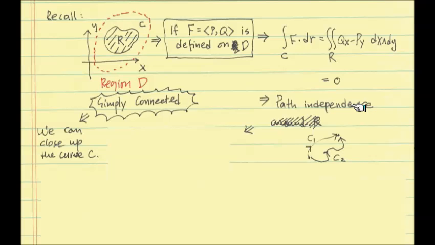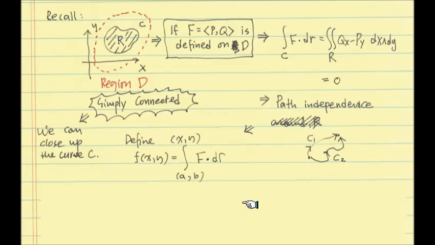Once we have this path independence, we use it to define the potential function, which is going to give the gradient vector field. You start with some point a, b, and define the scalar function value to be the value of the line integral from there to here. It doesn't matter how you get there because of the independence, and this defines a well-defined function.